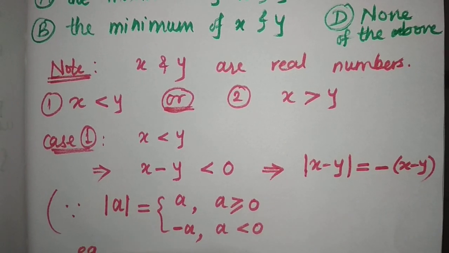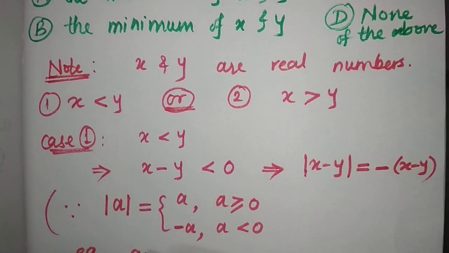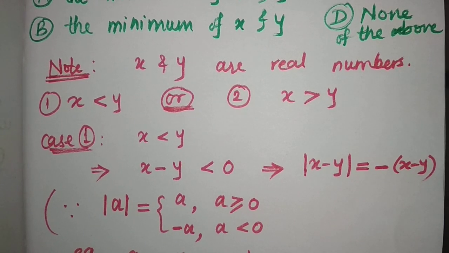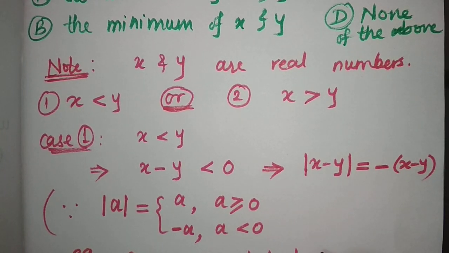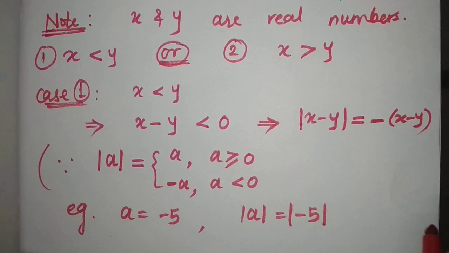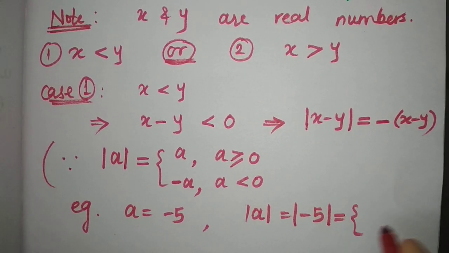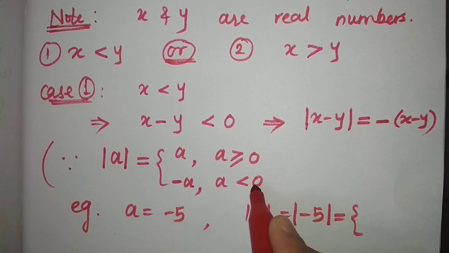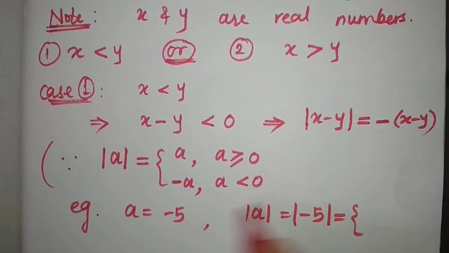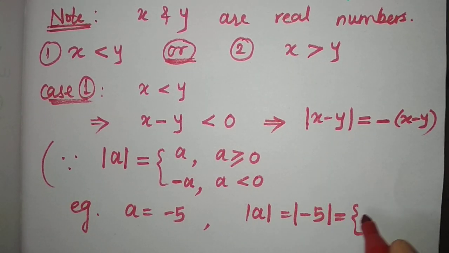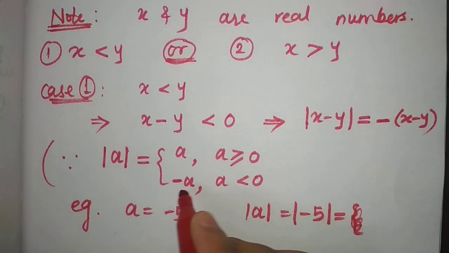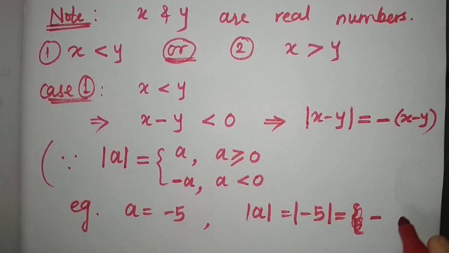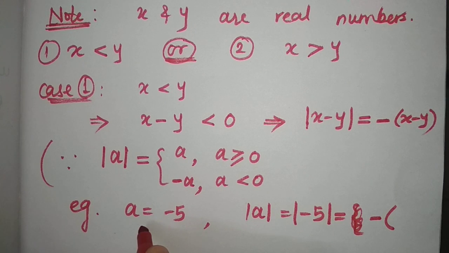Now for example, take a as −5. Then the modulus of a is the modulus of −5. Here a is −5, which is less than 0, because on the real line −5 is to the left of 0. So this is equal to −a, that means you write minus and write the number a as it is.